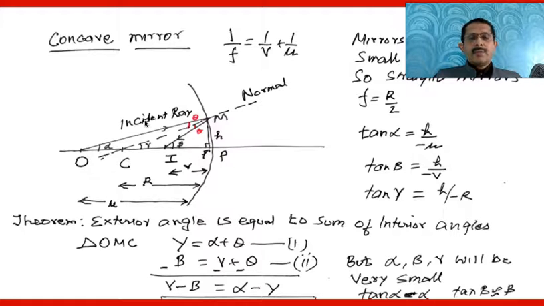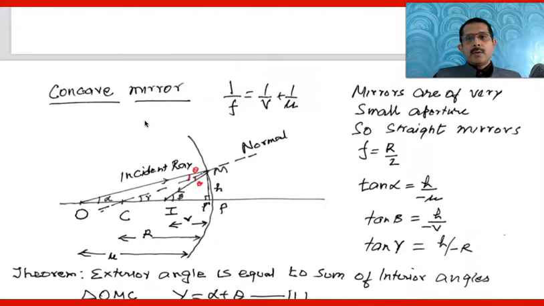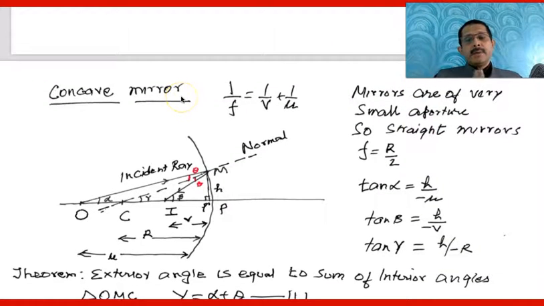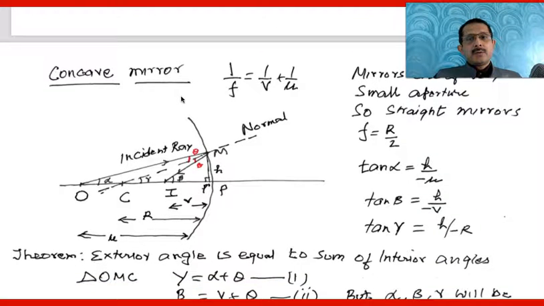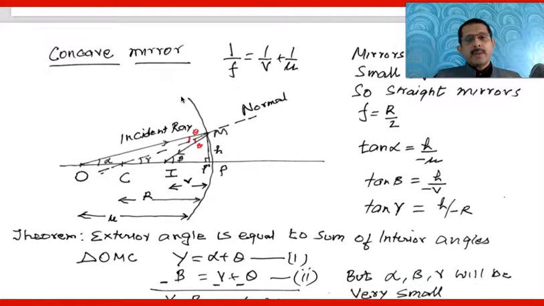First and foremost you should remember that the mirror should be very small in aperture. For this formula to be true, the aperture of the mirror should be very, very small. That is a prerequisite which needs to be followed.